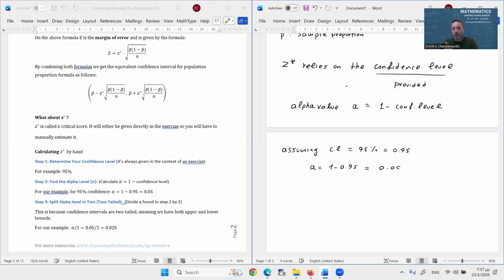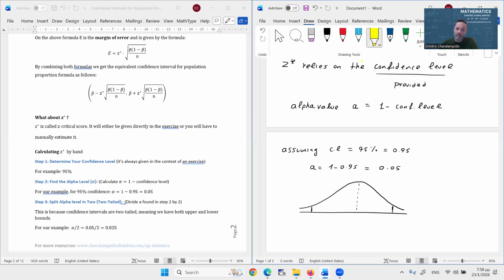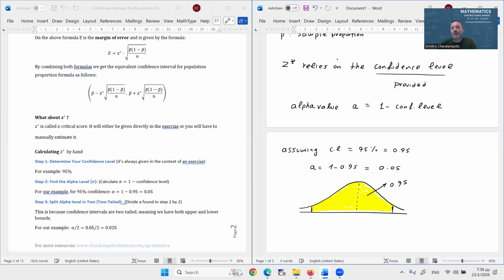0.05. A confidence level of 95% means that we need a central area that will measure 95%. So all this yellow area has to be equal to 0.95.